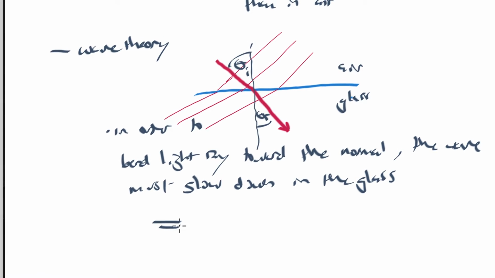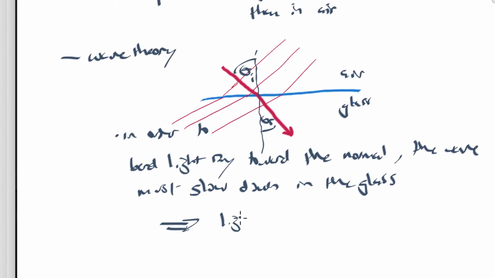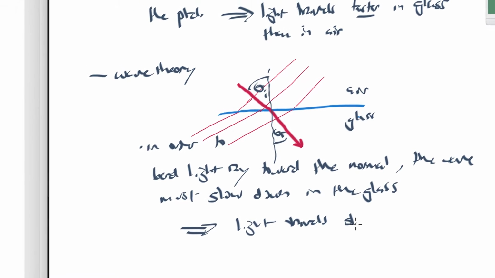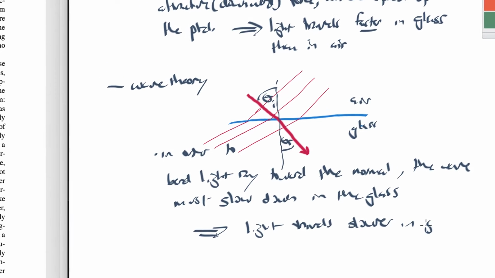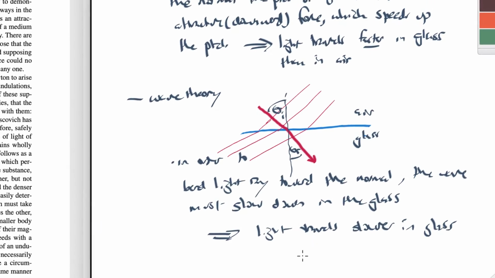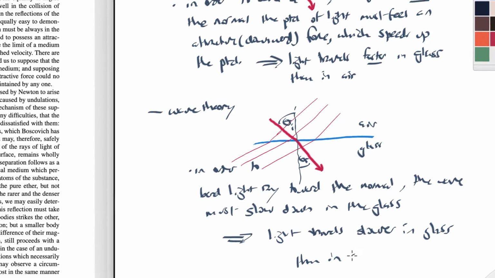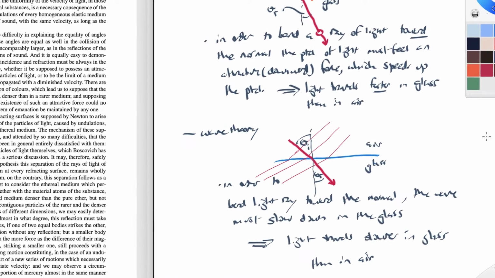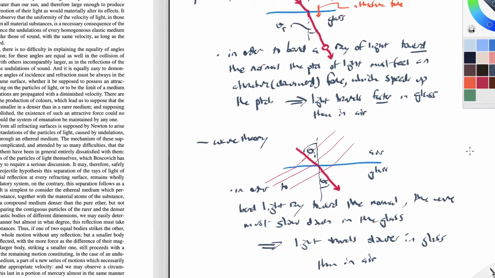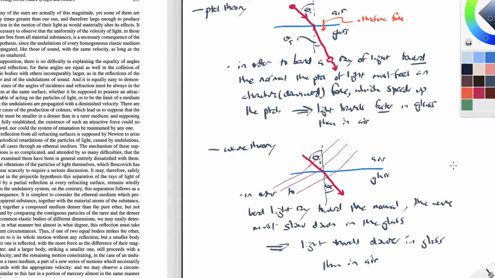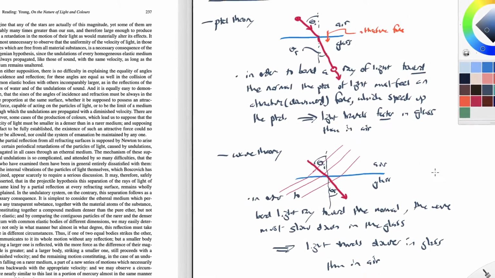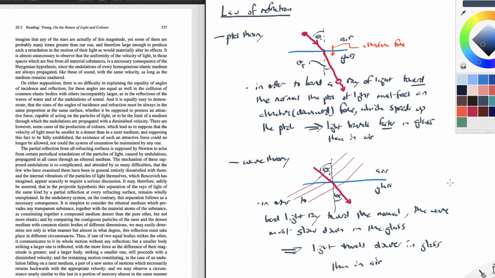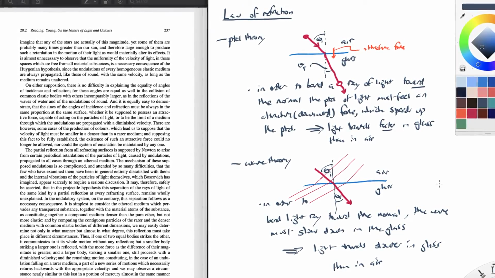So this implies that light travels more slowly in glass than in air. So both of these theories do account for the bending of light according to Snell's law, but one requires the speed of light to be greater in glass, the particle theory, and one requires the speed of light to be less in glass than in air.